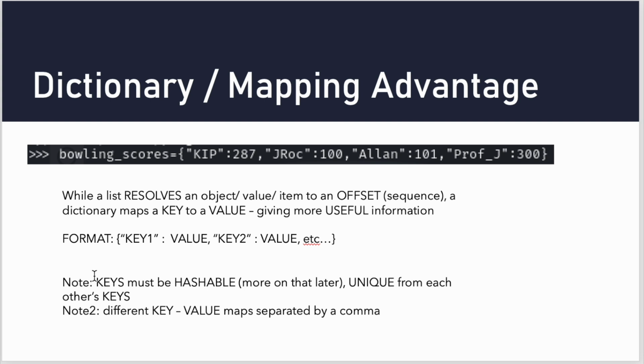Now the keys, there's a couple of things that are the bare bone requirements of a dictionary. As it says, the key itself has to be hashable. By hashable, I'm not going to get into that right now, but I will tell you that the hashable data structures in Python are strings and tuples.